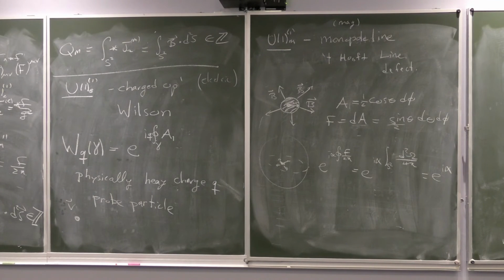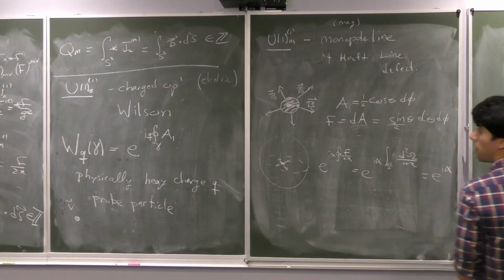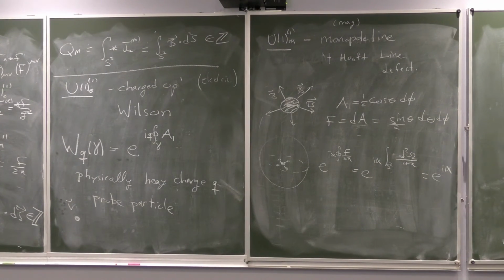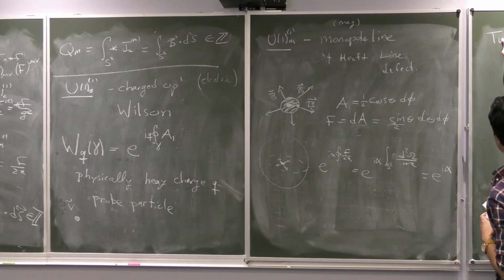I'm starting to run a bit late, but I just want to say one more thing: as in the other example we did, you can turn on background gauge fields.